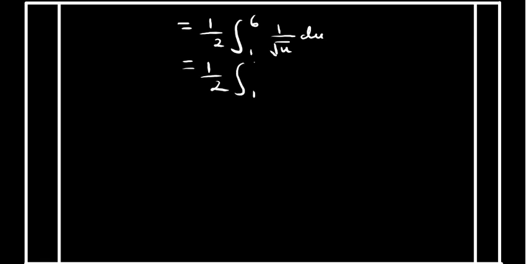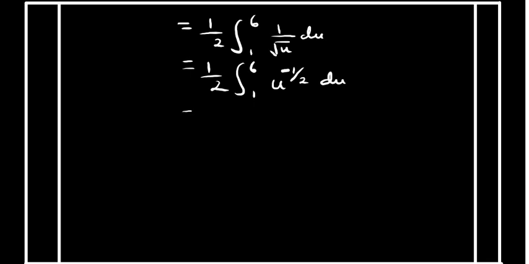So the next step will be 1 out of 2 integral from 1 to 6 of 1 out of the square root of u with respect to u. Now when you do that, it is as good as saying a half integral from 1 to 6. Now 1 over the square root of u is as good as u power negative a half with respect to u.